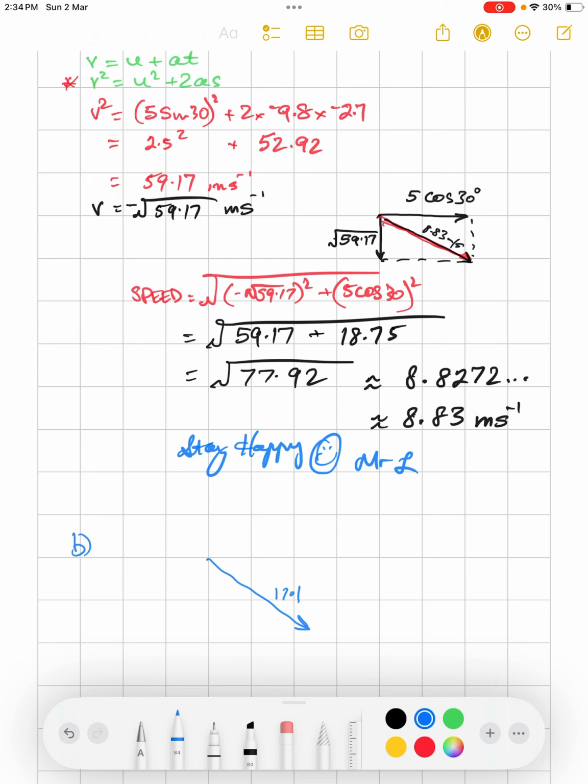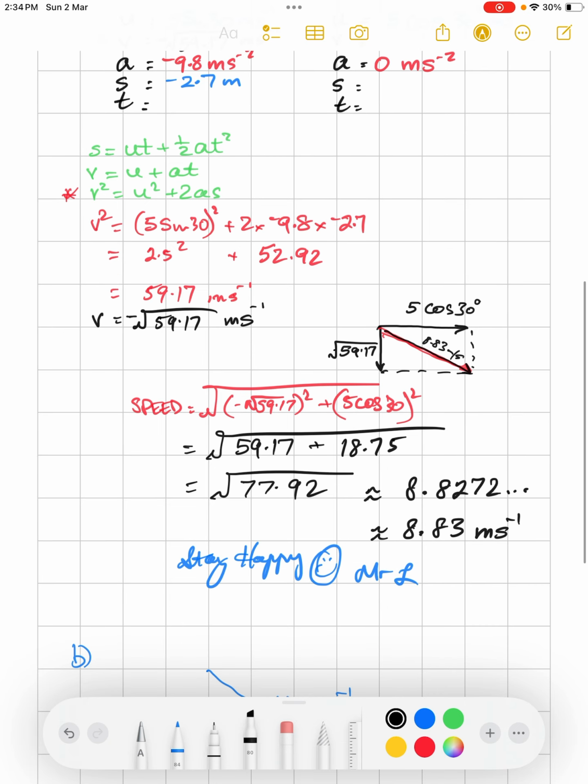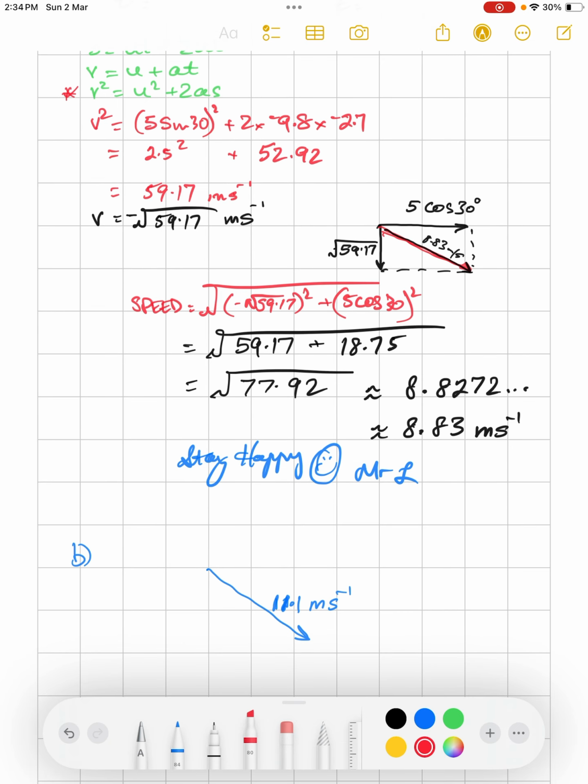The thing is, there's a vertical and a horizontal component here, and because we've already established the horizontal component, we already know that it is 5 cos 30, and that doesn't change because the acceleration is 0 in the horizontal. So let's look at this vertical component and find out how long it takes us so that we could get the point.